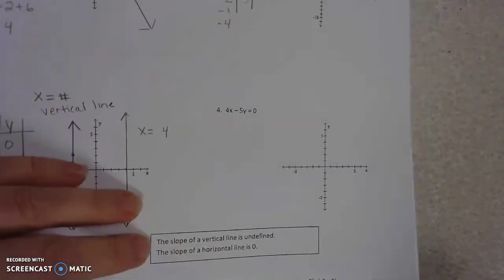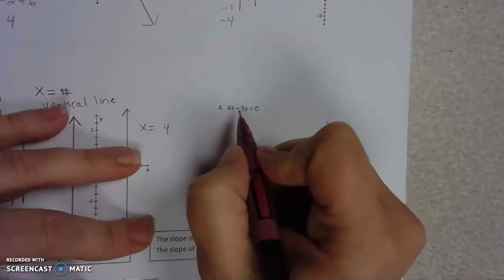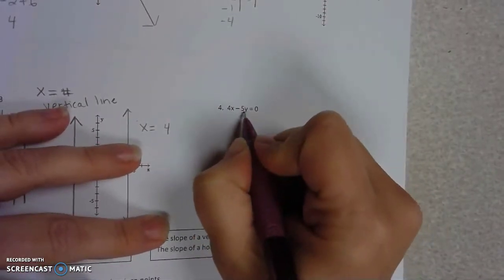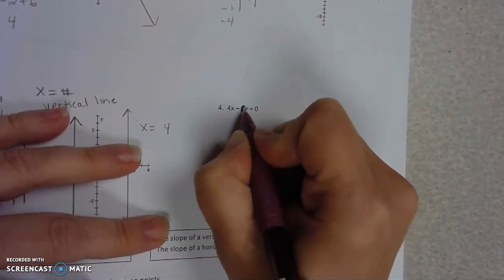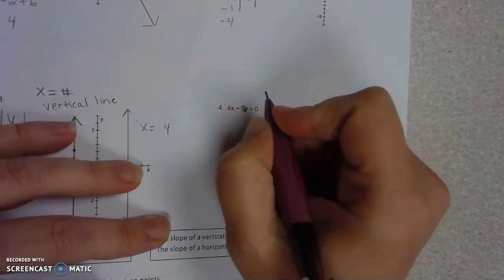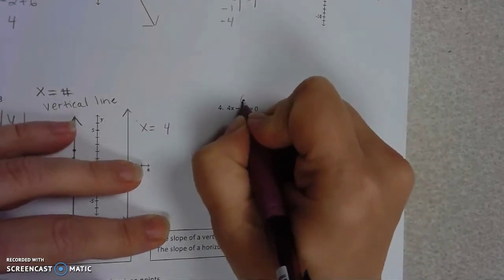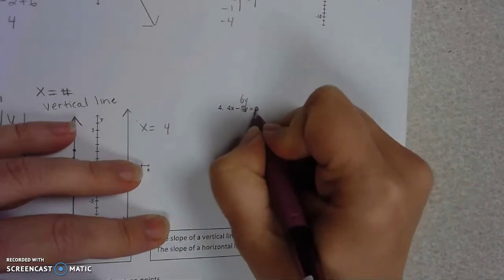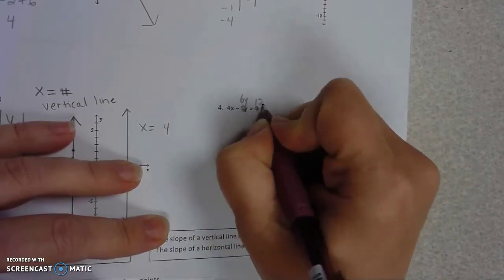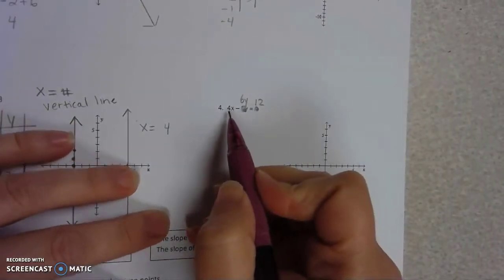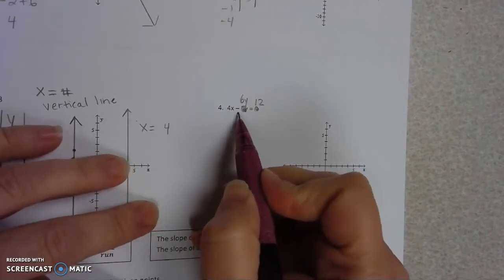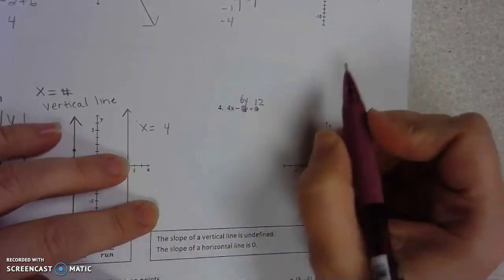Alright, lastly, what I want to do on this one, I want to change this one. So instead of minus 5y, let's mark that out, and let's do 6y, and instead of 0, let's make it 12. So your equation should say 4x minus 6y equals 12.